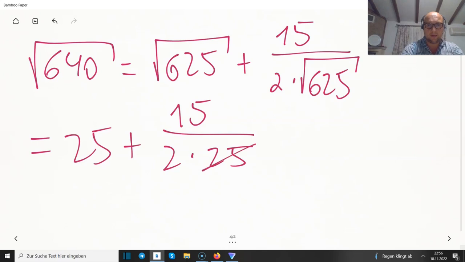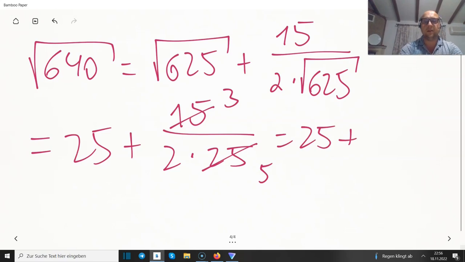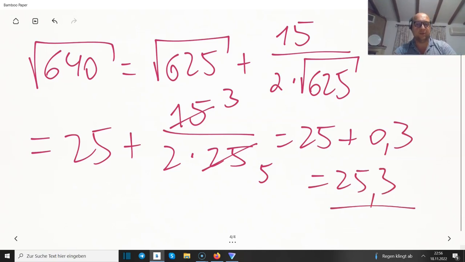We can cancel those two. This is 3, this is 5, so 25 plus 3/10 or 0.3. So 25.3. And if you use your calculator, you will see it's pretty close.